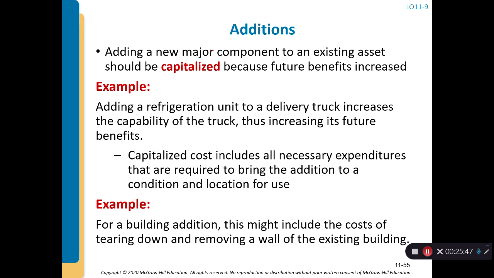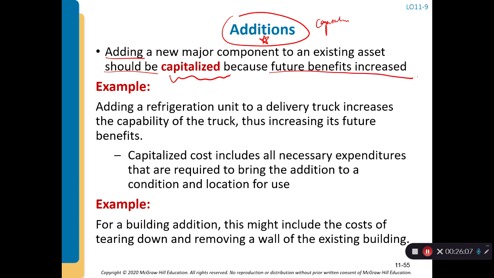And then the second category is what we want to capitalize. The reason is that we want to add something on top of it. Addition means adding a new major component to an existing asset, and it should be capitalized because the future benefits are significantly increased.